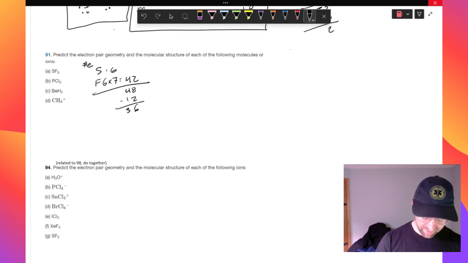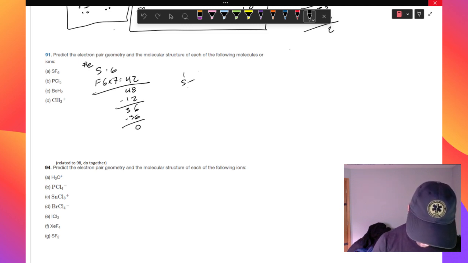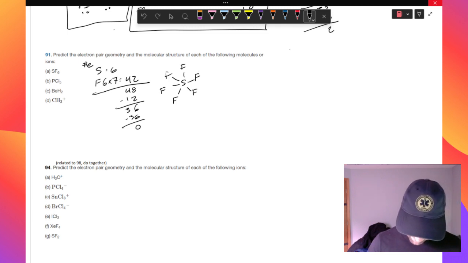Yep. And then 6 times 6 is 36, because we do have lone electrons around them. Minus 36 is 0. So we would just have a sulfur surrounded. Is that right?